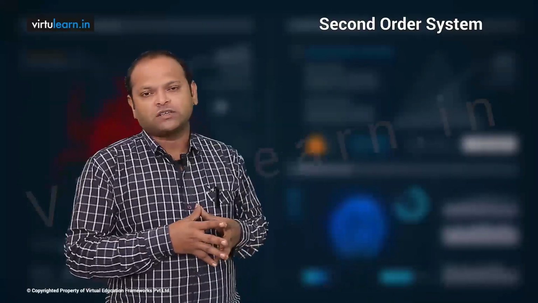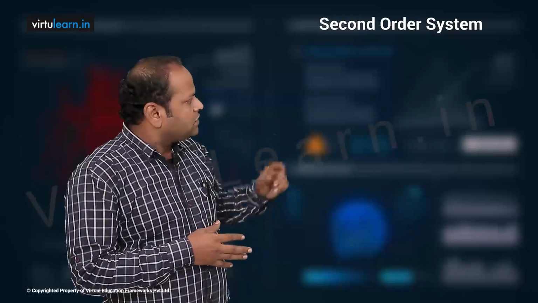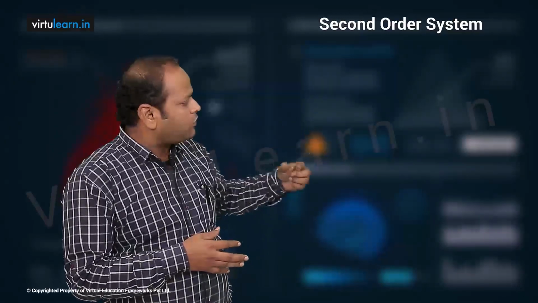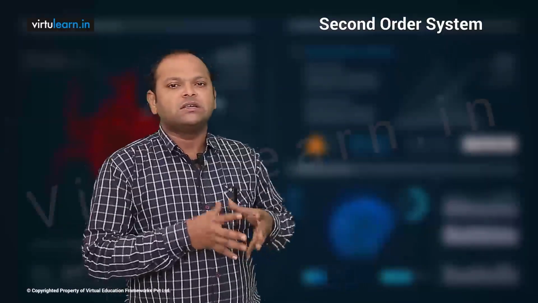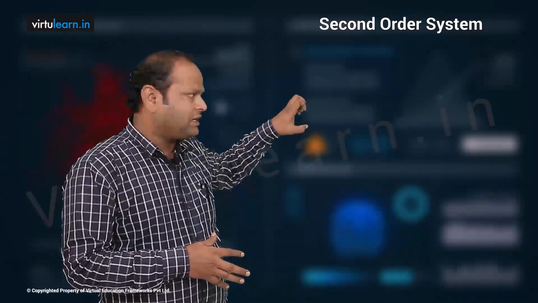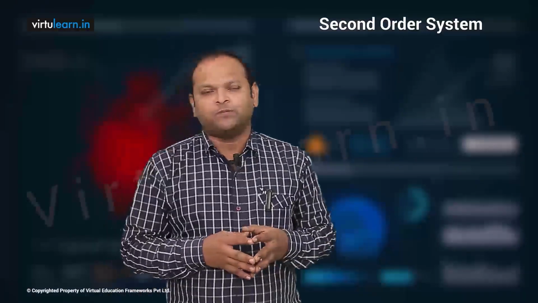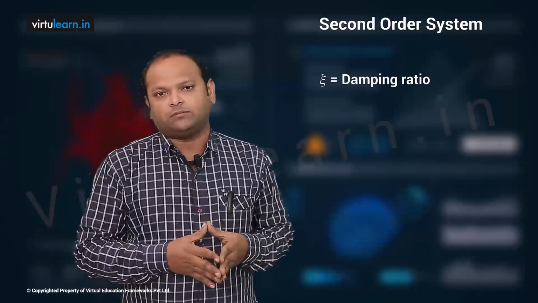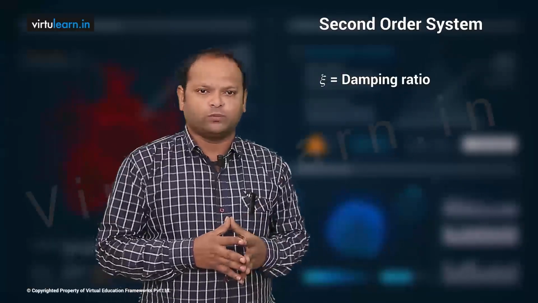We know the importance of the characteristic equation. We can find out the closed loop poles. The roots of the characteristic equation are the closed loop poles of the system. Now let us look at the different parameters in this transfer function. The first one is zeta, the damping ratio.